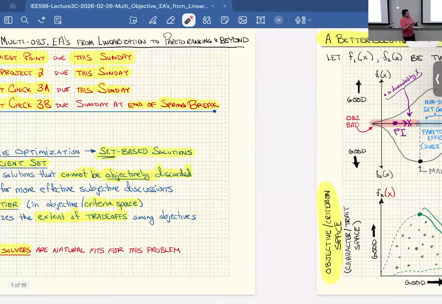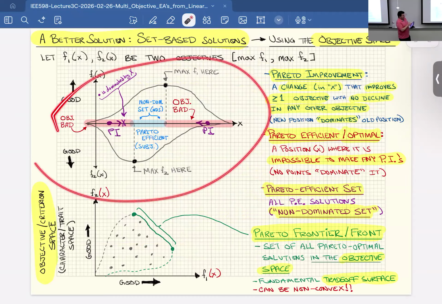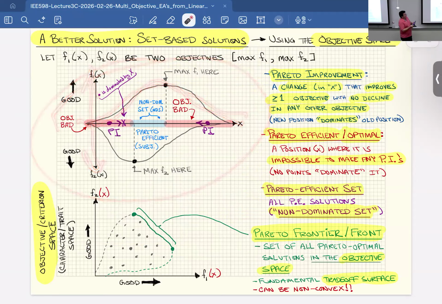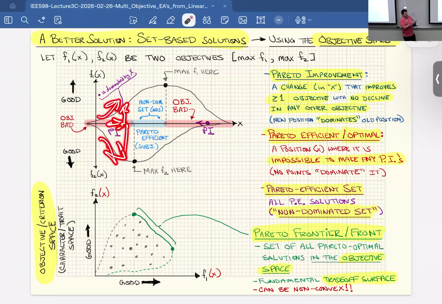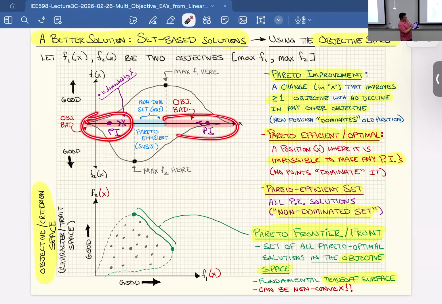And so, we talked about this simple example last time. These two objectives, I plotted one on the vertical axis going up, the other one going down. And we said that the Pareto-efficient set is this area where there are no Pareto improvements. We said a Pareto improvement is a move to another point that improves both objectives simultaneously. All of the red spots here, it is possible to make a Pareto improvement from them.